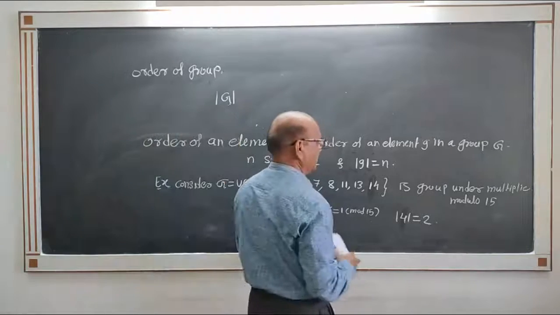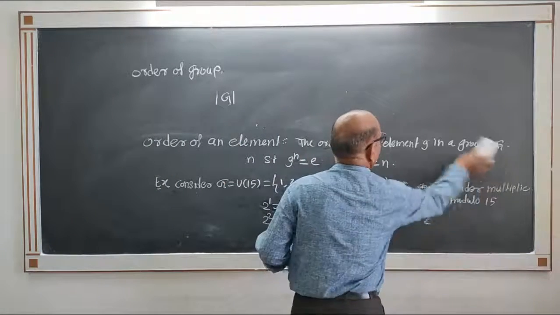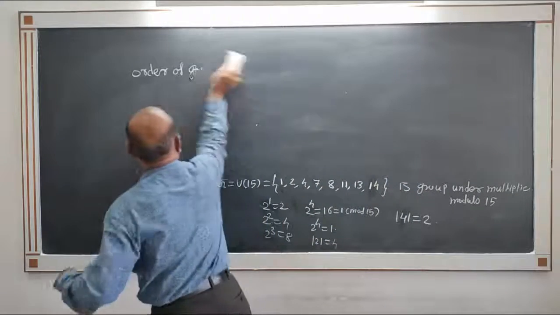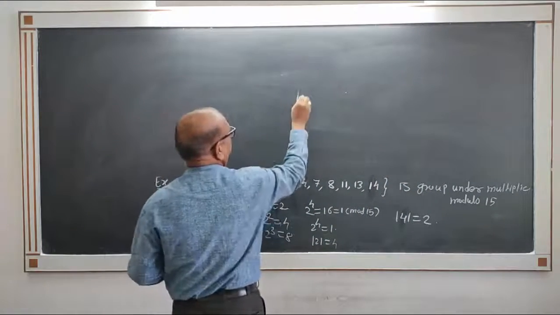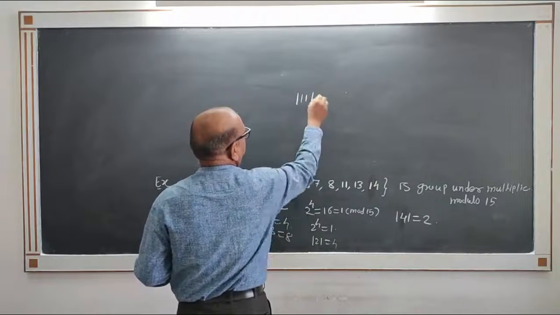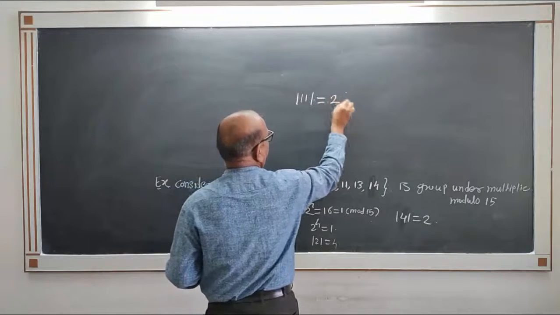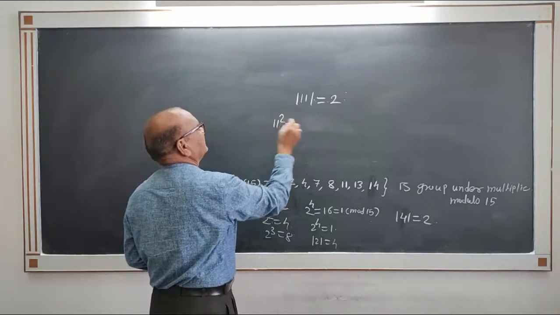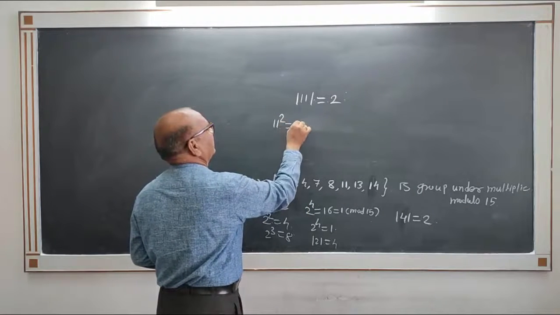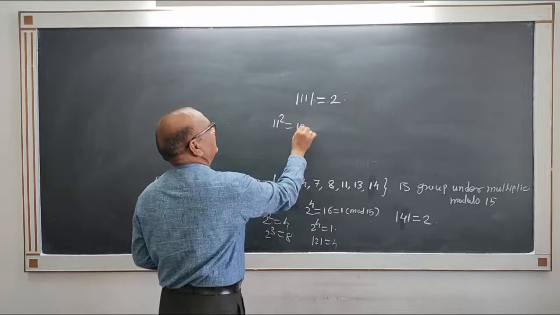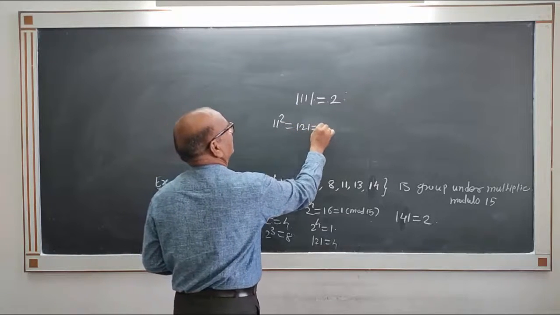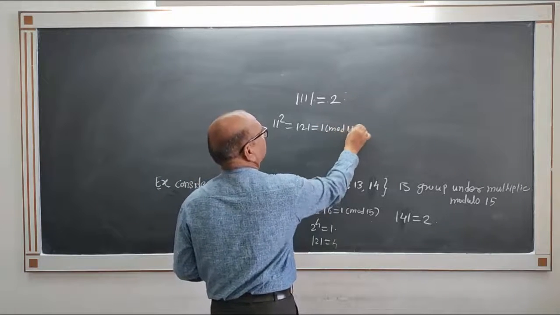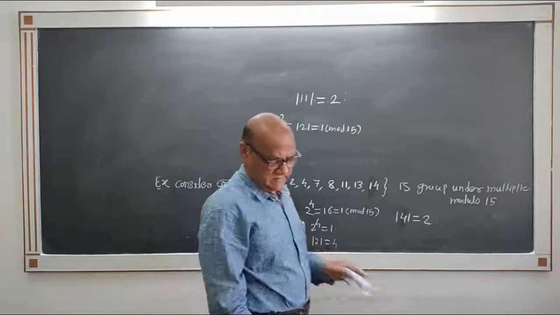Now, order of 11 is equal to 2. 11 square is equal to 121, and this is congruent to 1 mod 15, like this.